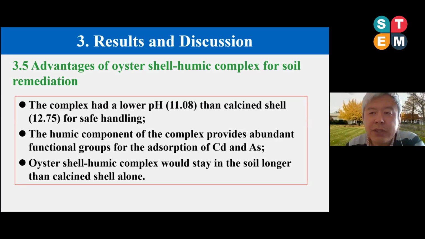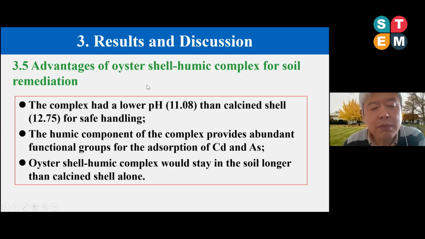And here shows what kind of advantages we have by using oyster shell humic complex for soil remediation in comparison with calcite oyster shell itself. Because about 10 years ago, some research work started on using calcite oyster shell.